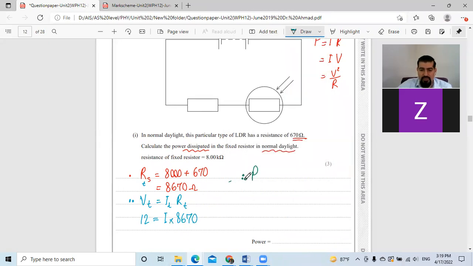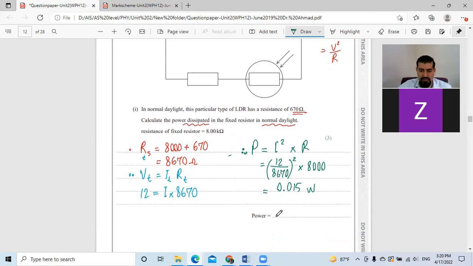Then I will use this value to find the power. The power dissipated equals I squared multiplied by the resistance of the fixed resistor. So I, which is 12 over 8670, squared, multiplied by the fixed resistor, which is 8,000, and the answer will be 0.015 watt, or you can write it as 1.5 times 10 to the power of -2 watt.